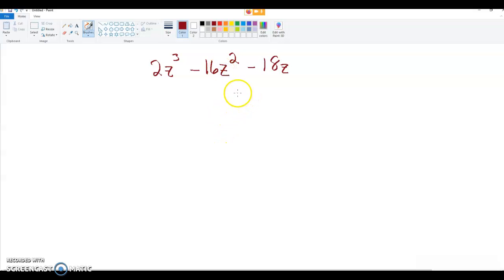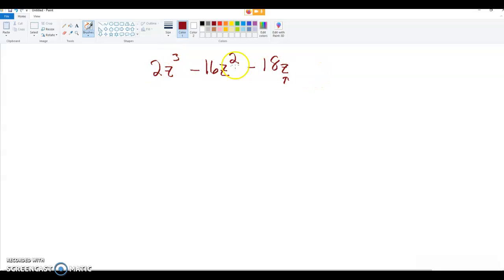The first thing we want to look and see is, can we factor anything out to get this into that trinomial that we're looking for? And in fact, we can. We have a 2z cubed. 2 divides evenly into 16 and 18, and we have a z in every term, so I can divide everything by z.